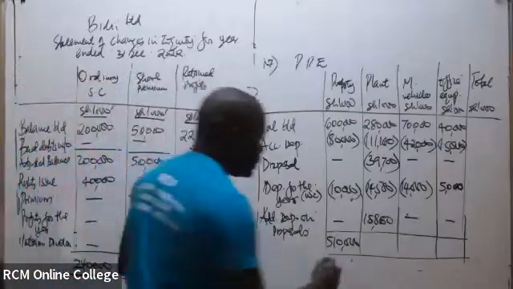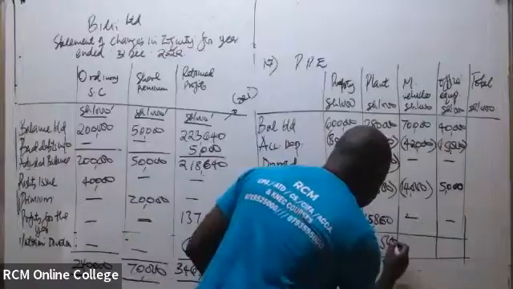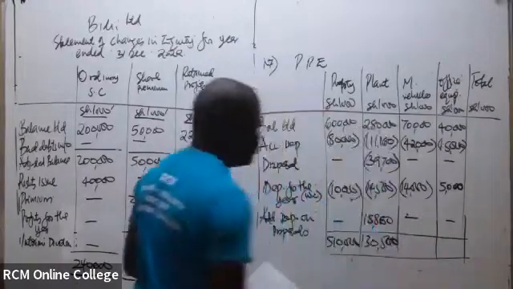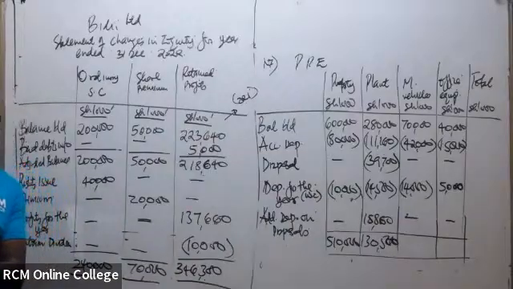I think 135,500 is the most appropriate. I don't know how you're getting 98,780. It should be 135,500. I think that is the correct figure.